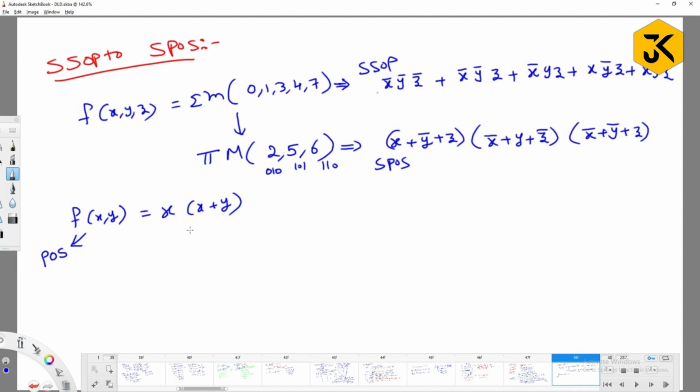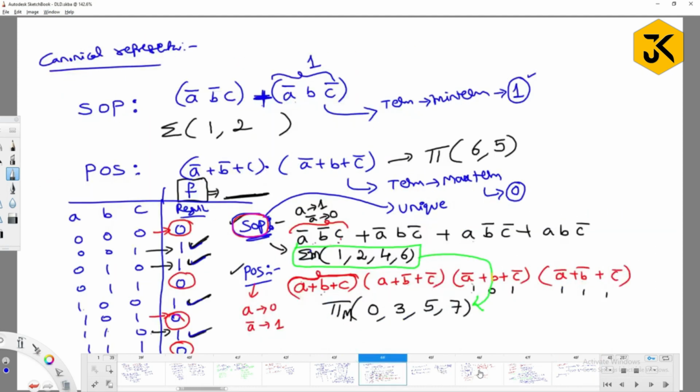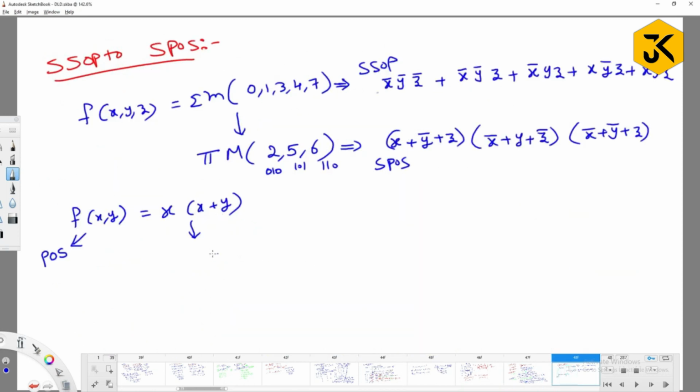If you want to do that, you have to perform the operation. When you are converting product of sums into standard sum of products, first you have to perform addition with respect to the remaining term. So that is x plus y into y complement. Is there any problem for you?